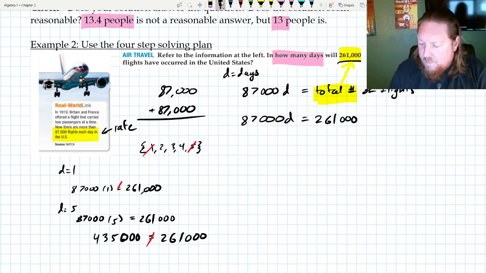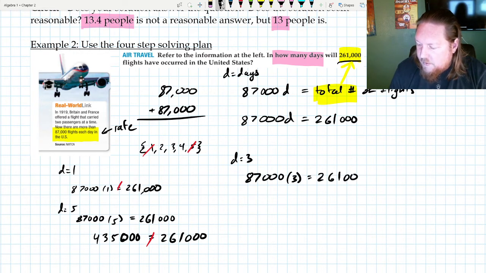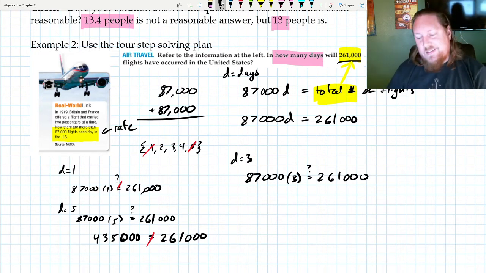Let's try the middle. How about 3 days? So 87,000 times 3, does that equal 261,000? And really with all these, I should be writing a little question mark over them because I don't know that they're equal. I'm testing to see whether or not they're equal.